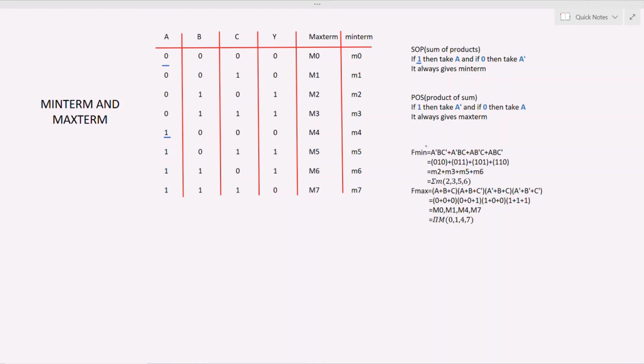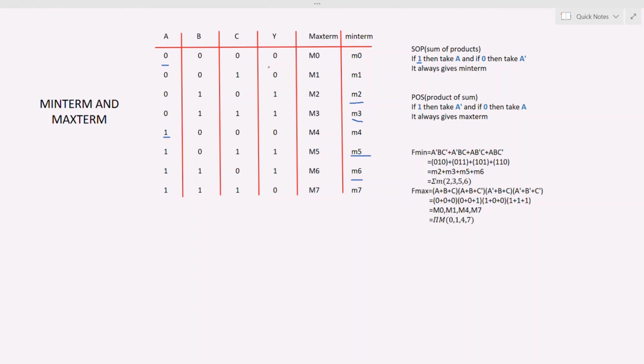Here I have written the equation for minterm and the maxterm corresponding to this truth table. For F minterm, first we need to see which are the outputs which give 1, because when we write minterms we need to consider only those outputs which give us 1. Here m2 is there, m3 is there, m5 is there and m6 is there.